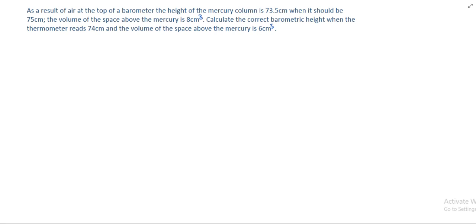a diagram. I will be drawing the barometer to make it more clear to us. So let me try drawing the barometer. So let's say this is our barometer. Mine is not that straight, I'm sorry.